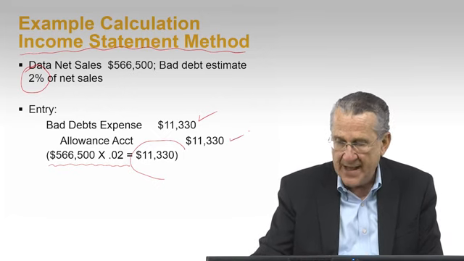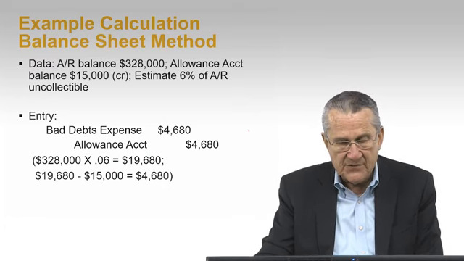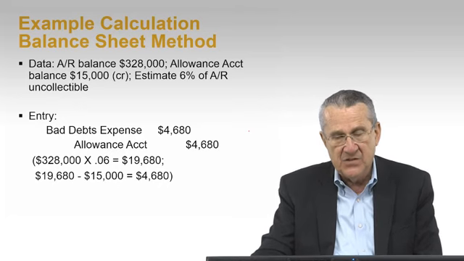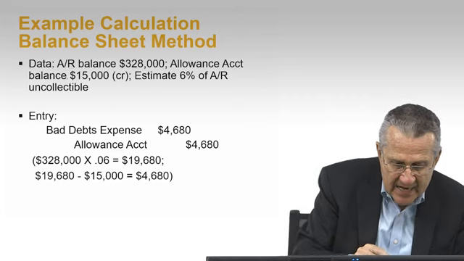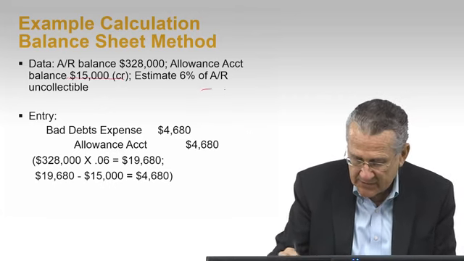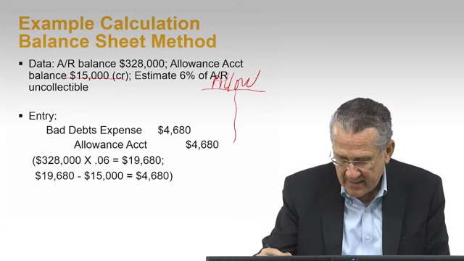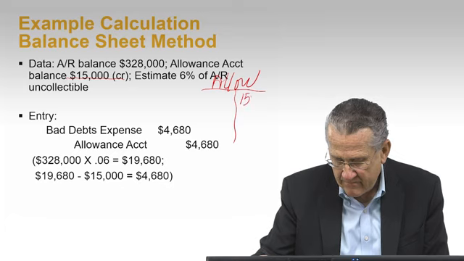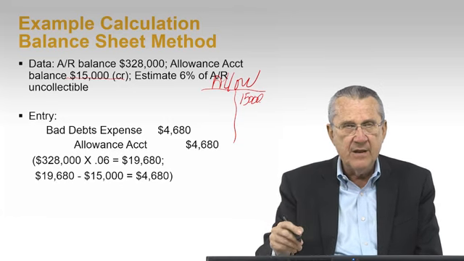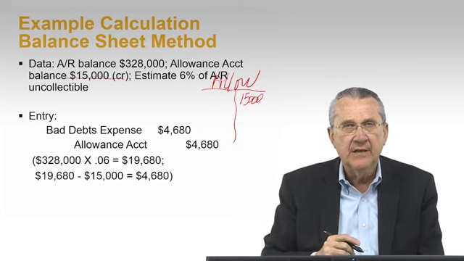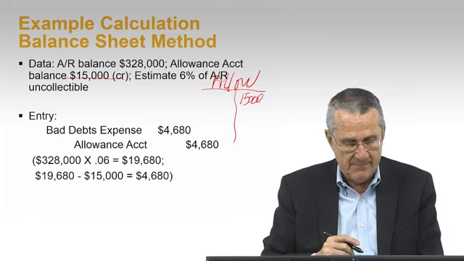And now let's look at the balance sheet approach. If the accounts receivable balance is $328,000 in this example, and the allowance account already has a $15,000 credit balance, then we know that in the last accounting period, we overestimated our bad debt experience.